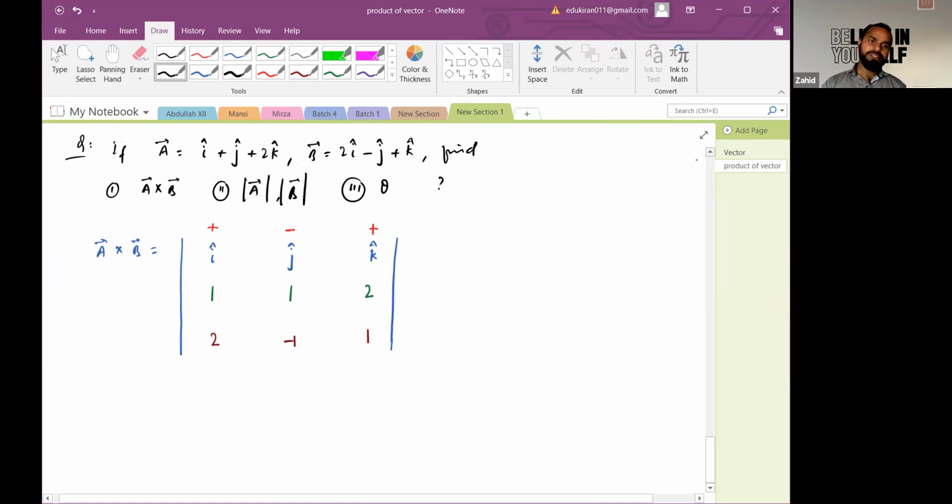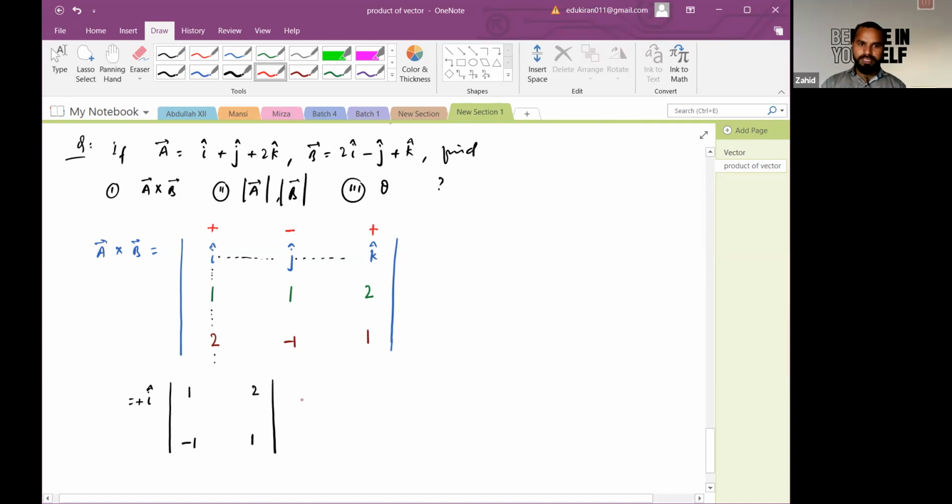Now apply the above concept in this part. You will get i cap in the positive term. So draw a line or place your finger on this point horizontally and vertically. You are left with this, this, and this. So it will be 1, 2, minus 1, and 1 as the first part.